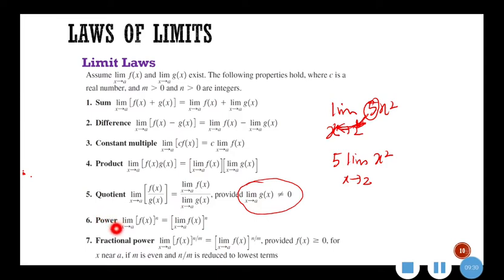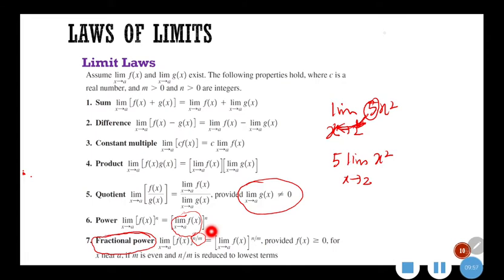And the power limit, okay, here the limit of f(x) to the power of n as x approaching a, then you can find the limit of f(x) itself as x approaching a, to the power of n. And the same thing for the fractional power. Do you understand what fractional power means here? Fractional power means the power is not an integer.